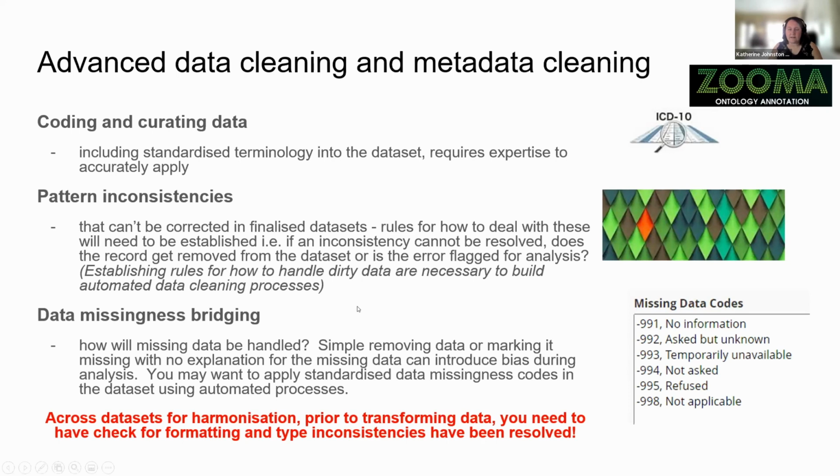So across data sets for harmonization, prior to transforming data, you need to check that formatting and type inconsistencies have been resolved. So the last thing is checking, if I'm going to convert from these 3 data sets that I've cleaned, they're all going to go into a coded value. Are they all appropriately formatted to be transformed?